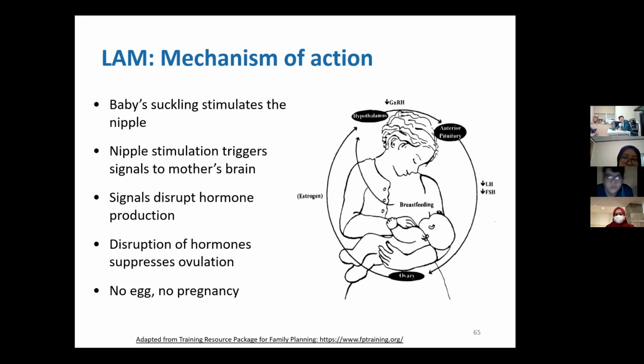The GnRH will be low. The anterior pituitary gland will have low LH and FSH. So if your ovary has low estrogen, then it's not easy to get a mature ovum. So this cycle gives you contraception. No egg, no pregnancy. This is the hypothalamus, pituitary gland, and ovary.